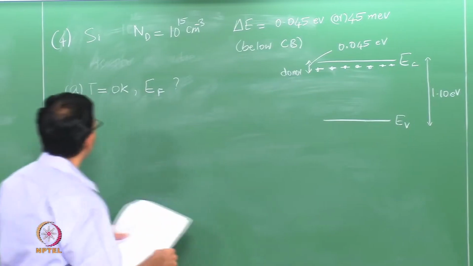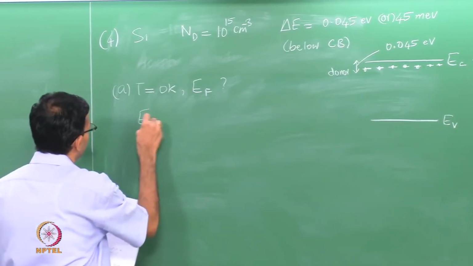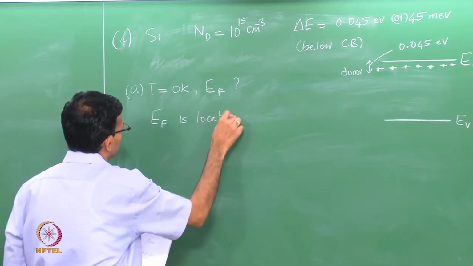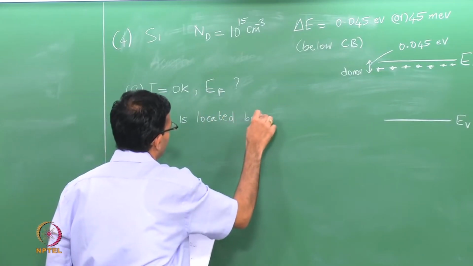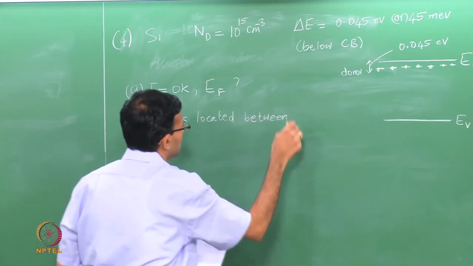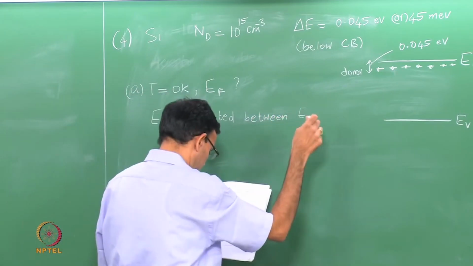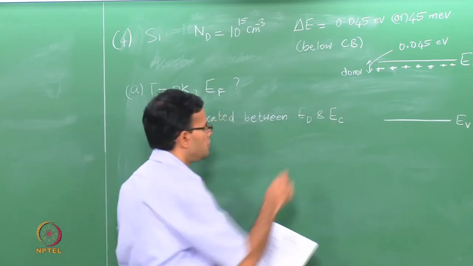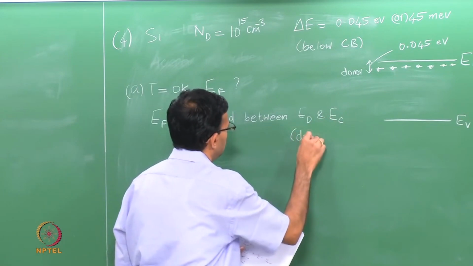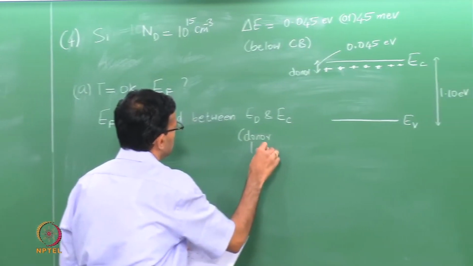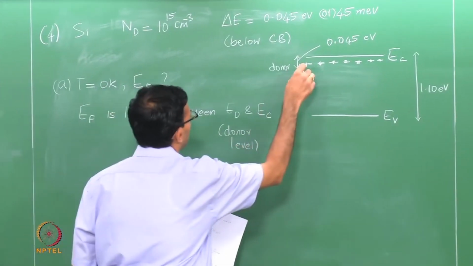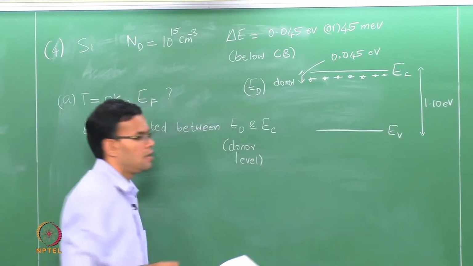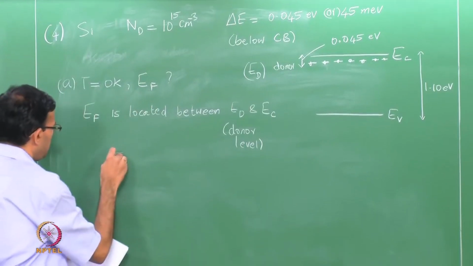So, in this particular case EF will be located between the donor level ED and the conduction level EC. So, this is nothing but your donor level. So, let me mark that here as ED, and the temperature is 0 Kelvin.